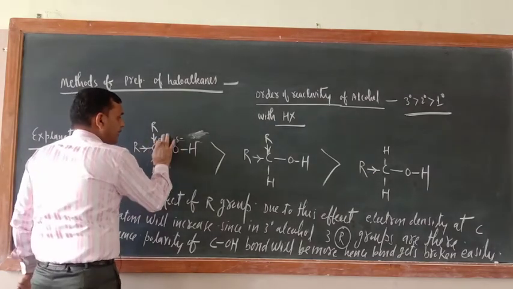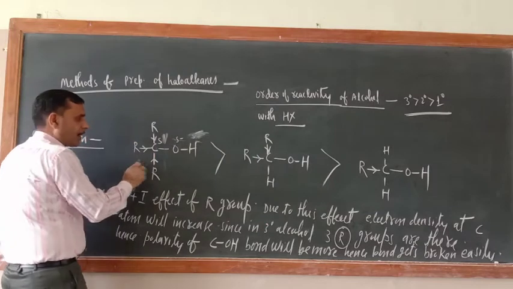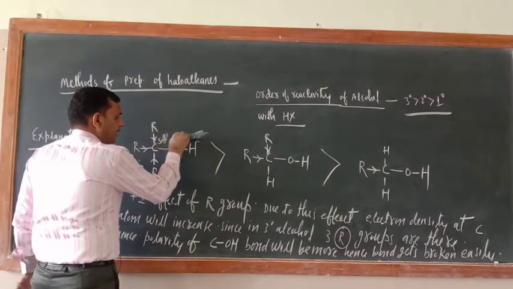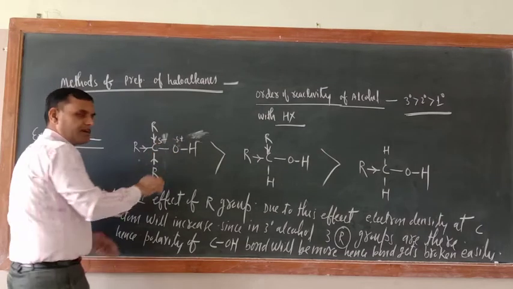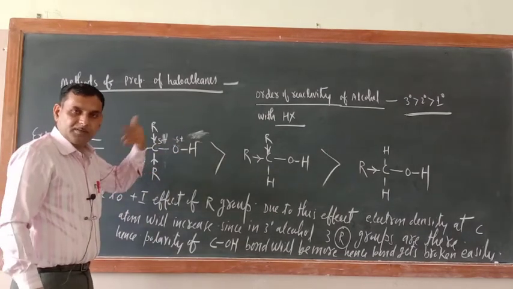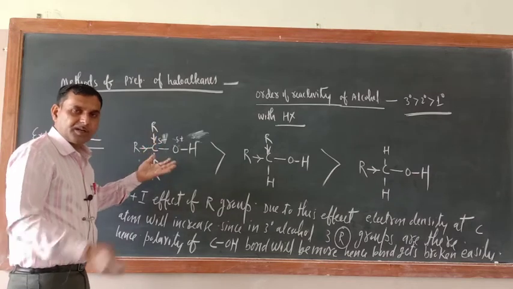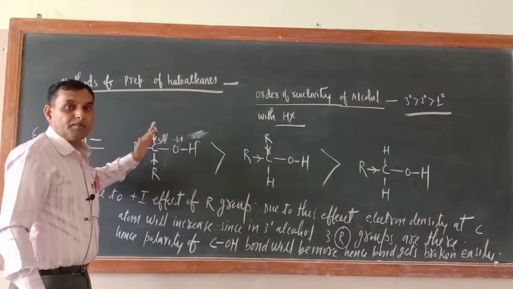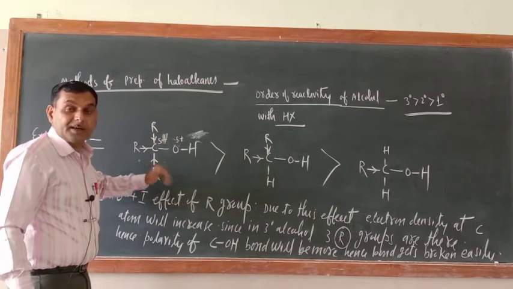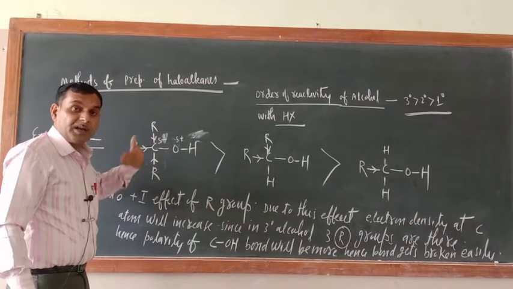Now what is happening? Due to plus I effect of R group, this is negative. Now this is as compared to O. Carbon is more electronegative now because of the more electron density here. So now polarity is increasing or not? When polarity increases, the bond gets weakened. When the bond gets weakened, breaking is easy.